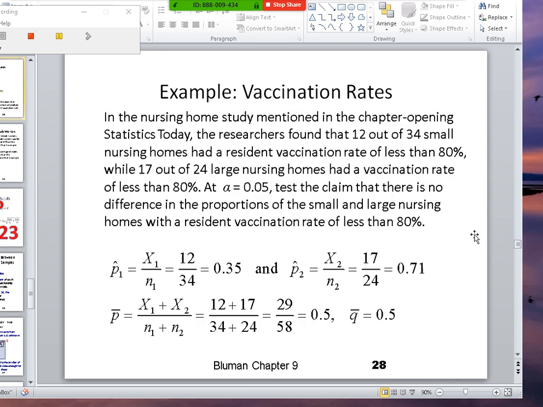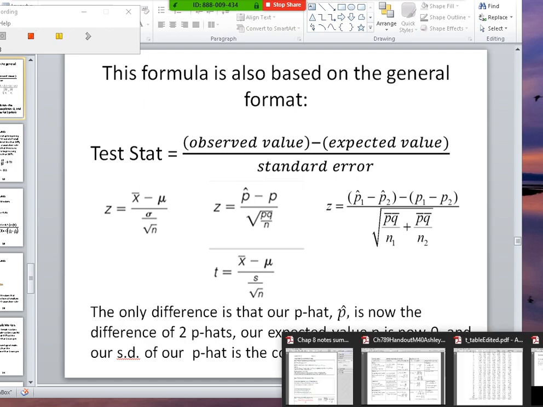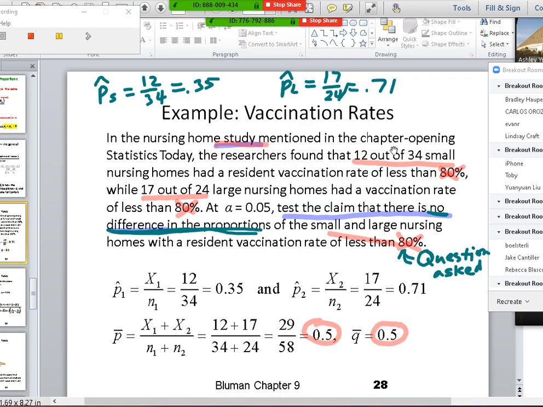So, whoops, let me go back to my handy dandy sheet here. All right, so this 80%, ignore that because that's not a percentage. That's just the question that was asked. Those are not the proportions you're using. What you're going to be using for the small ones is 12 out of 34.